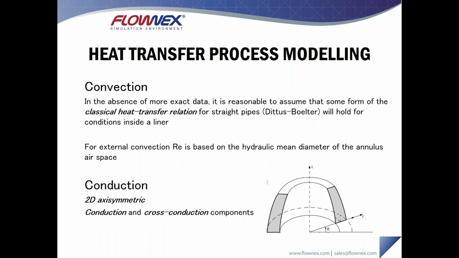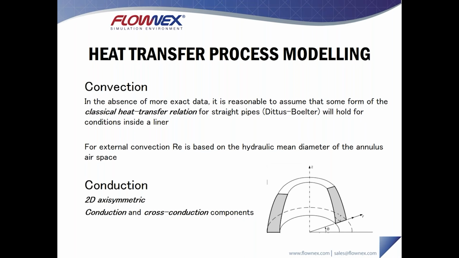So heat transfer process modeling in terms of convection and conduction. For convection, we typically just assume that a classical heat transfer correlation for straight pipe, something like Dittus-Boelter, will hold for convection inside the liner. And for external convection, the Reynolds number is typically based on a hydraulic mean diameter for the annular airspace. So in that annulus around the combustor itself, we just apply some hydraulic mean diameter to that standard Dittus-Boelter correlation.